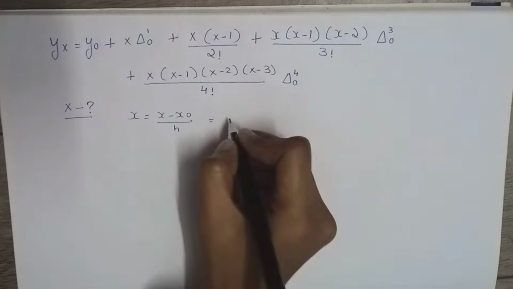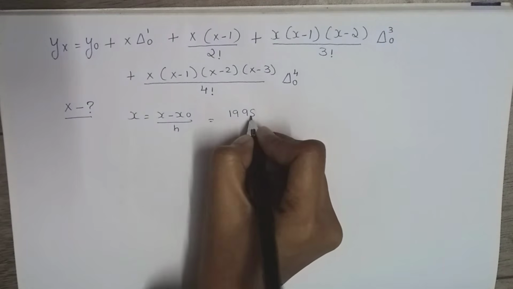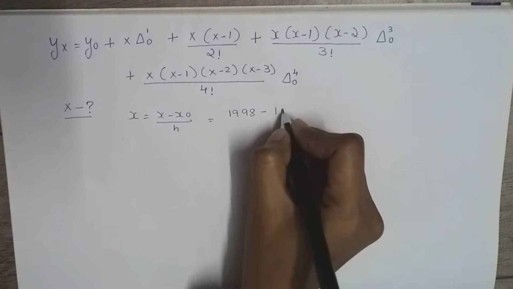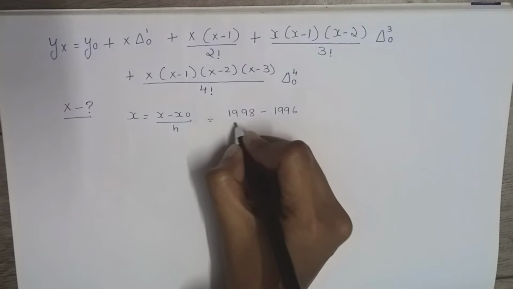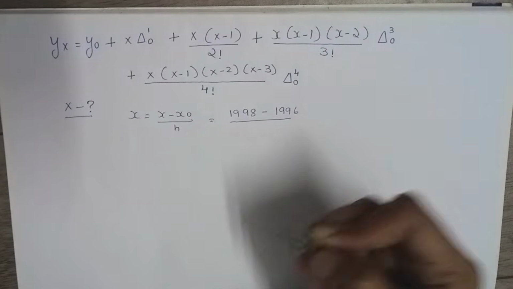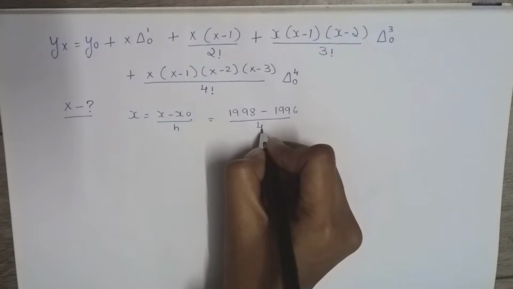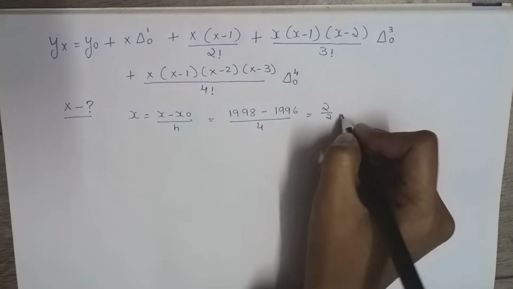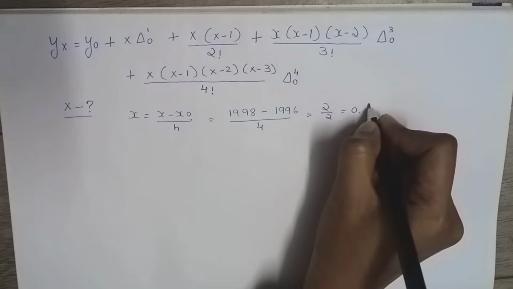In the question they have already given x as 1998, and x0 is 1996. h is the difference of the years, that is 4. So 1998 minus 1996 divided by 4 gives 2 divided by 4, that is 0.5.